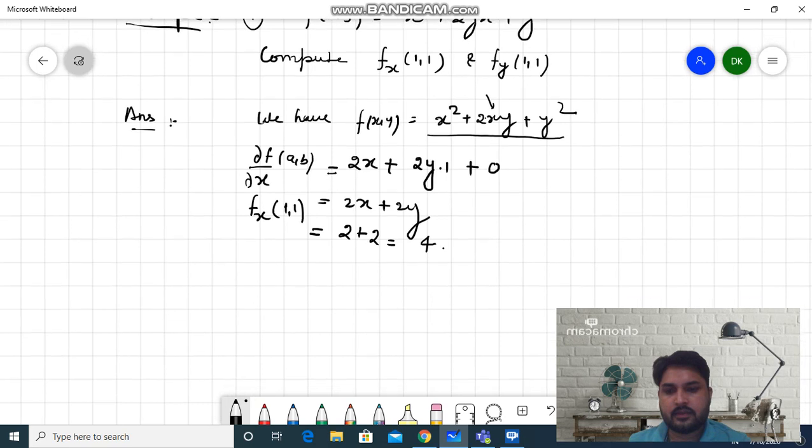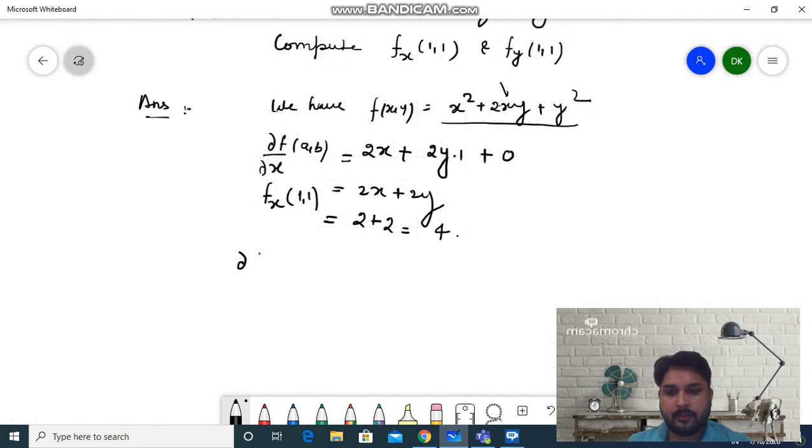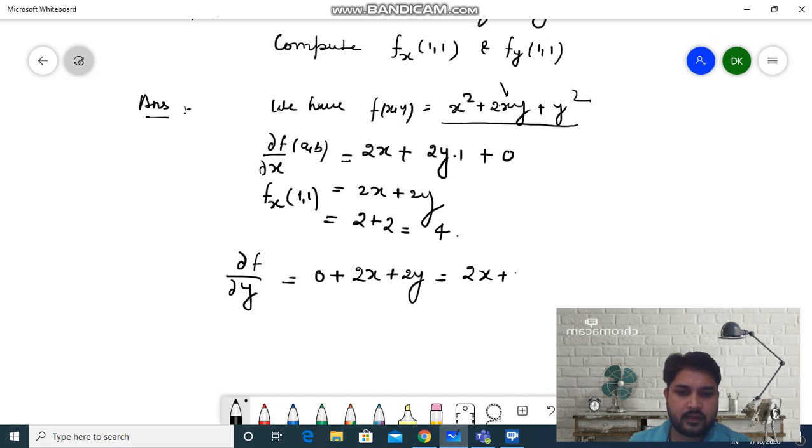Similarly we can find the partial derivative of f with respect to y, and this time we treat x as a constant, so it becomes 0 plus 2x plus 2y, and after simplifying we get 2x plus 2y. Now the partial derivative of f with respect to y at point (1, 1) will be equal to 2 plus 2, that is again 4.